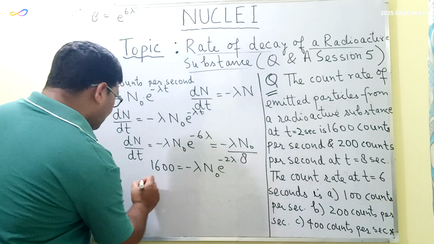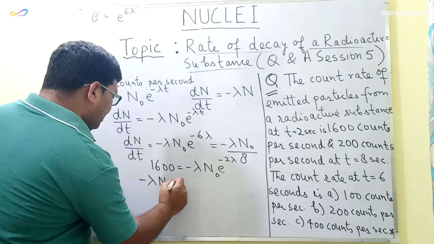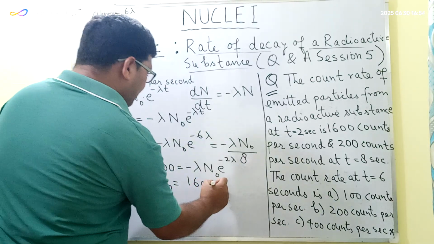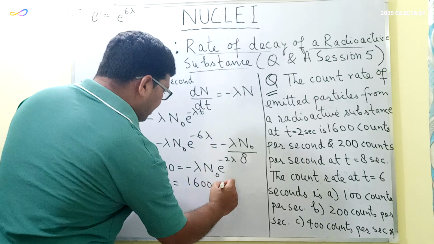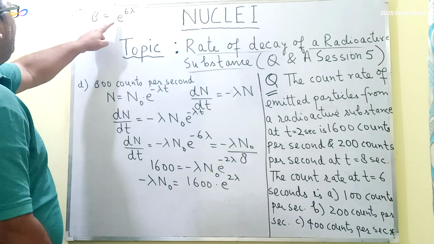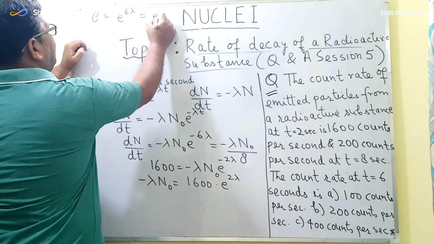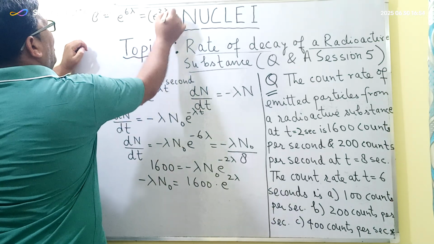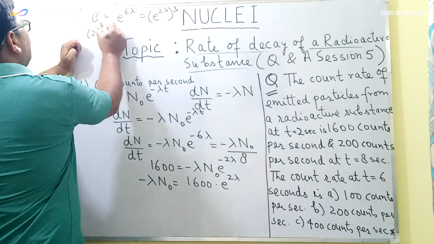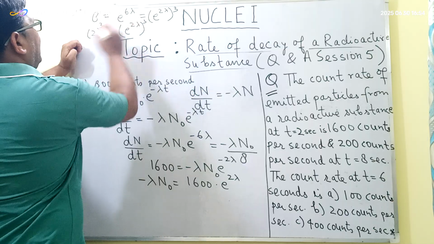From here, minus lambda N naught is equal to 1600 multiplied by e to the power 2 lambda. Now this 8 is equal to e to the power 6 lambda, so this can be written as e to the power 2 lambda, whole cubed. Or 2 cubed is equal to e to the power 2 lambda, whole cubed.